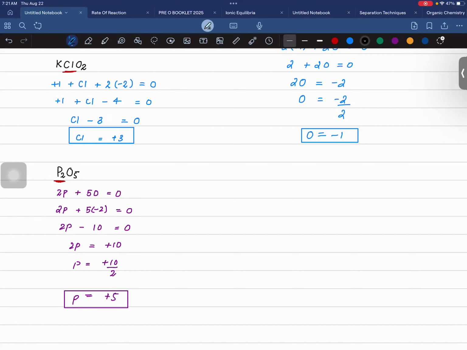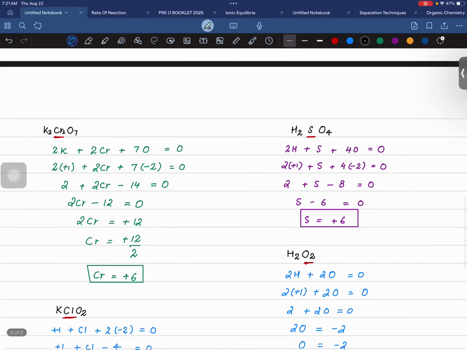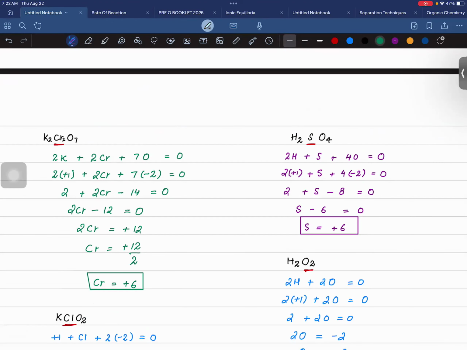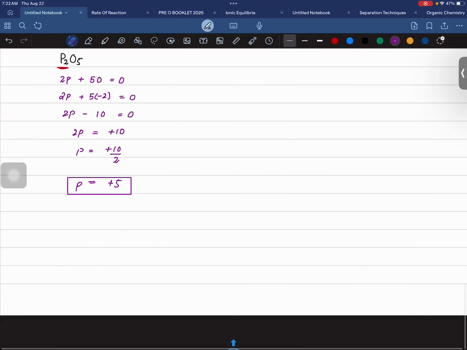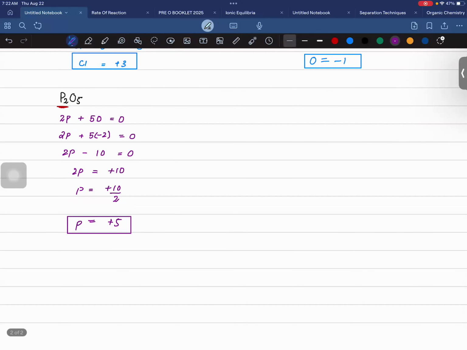These are the compounds having no charge. But the question is why they have no charge. Let's suppose I'm asking the overall charge of H2O. The overall charge of H2O is 0.